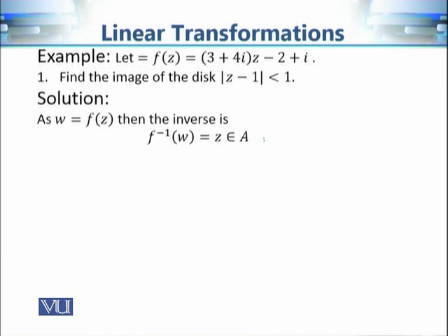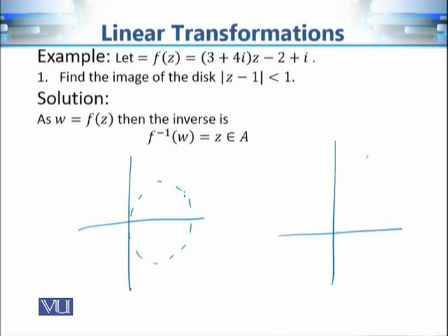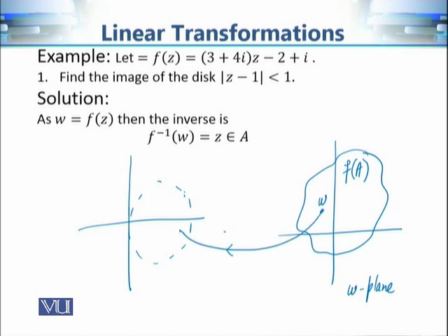Now this inverse is going to help us in finding the image of this disk in the W plane. An element w belongs to the image of this disk if and only if the inverse of that w belongs to the set A. The set A is basically this disk. Let's say we don't know the image of this A yet, but let's say this is f of A. Now an element w of this W plane belongs to f of A if and only if, when we apply the inverse function on w, it belongs to the set A, which is this open disk.